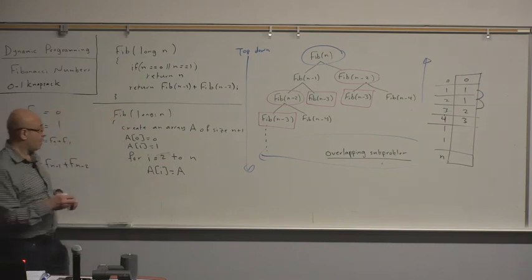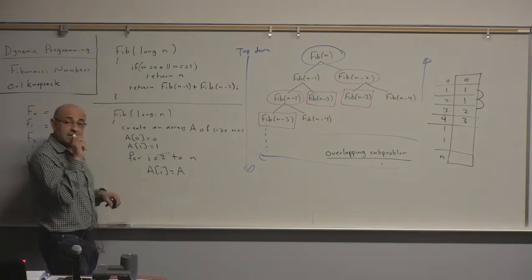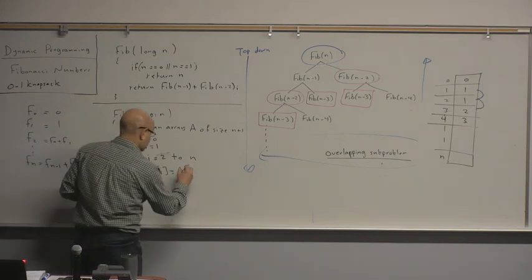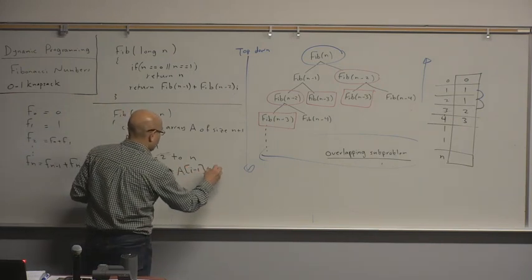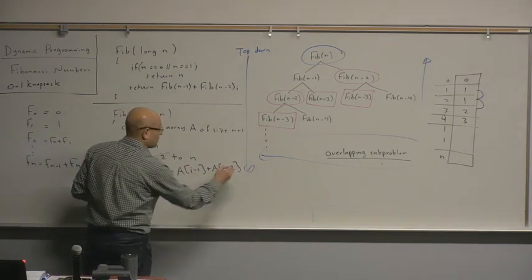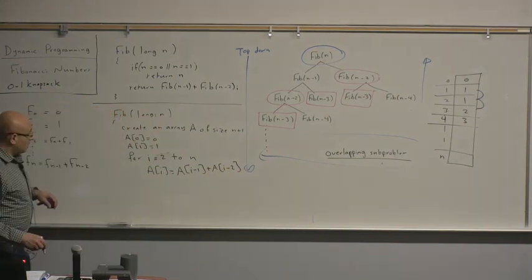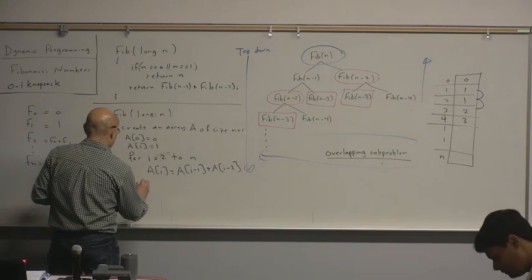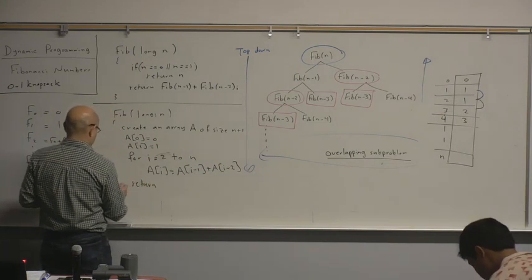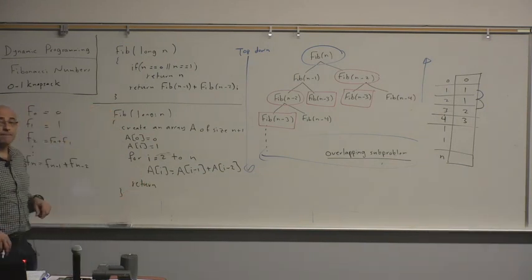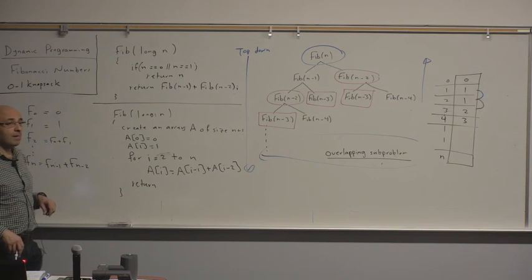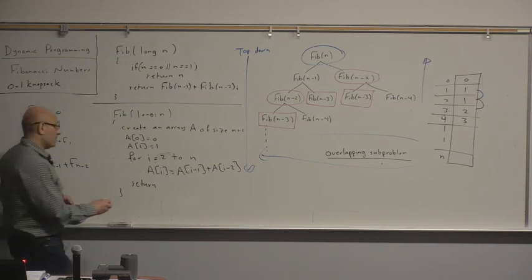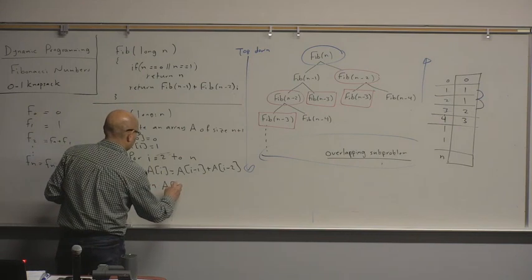A of i minus 1 plus A of i minus 2. Okay? And then what should we return? A of n. Yeah, we return A of n.